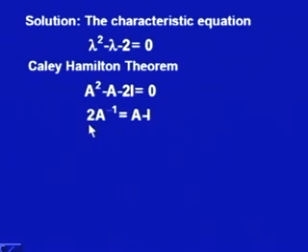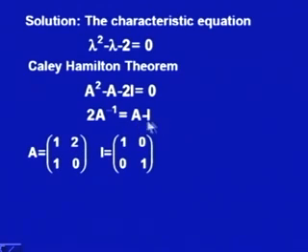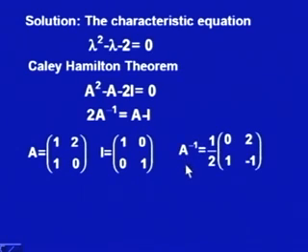We pre-multiply this equation by A inverse. So we will have 2A inverse is equal to this, two terms can be taken on the other side, is A minus I. We can substitute the value of A and I in this equation, and this gives me A inverse as half times this minus this: 0, 2 minus 0 is 2, 1 minus 0 is 1, and 0 minus 1 is minus 1.